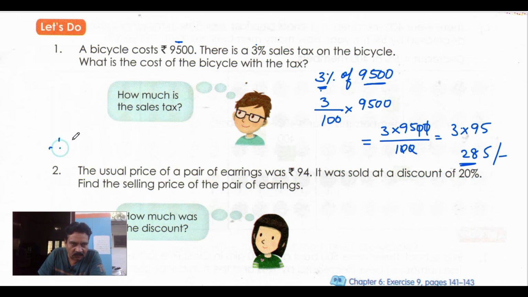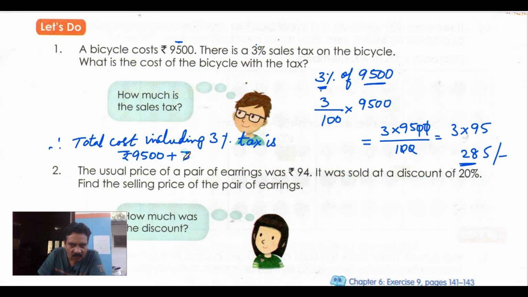Therefore, the total cost including 3% tax is 9,500 rupees plus tax. How much? Rupees 285.